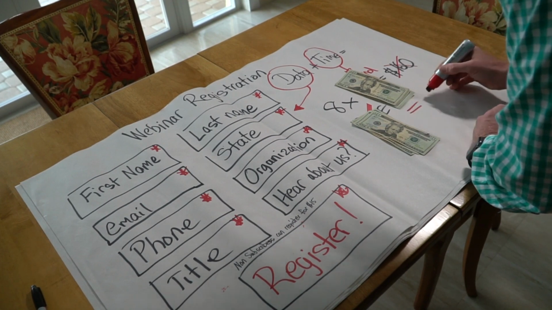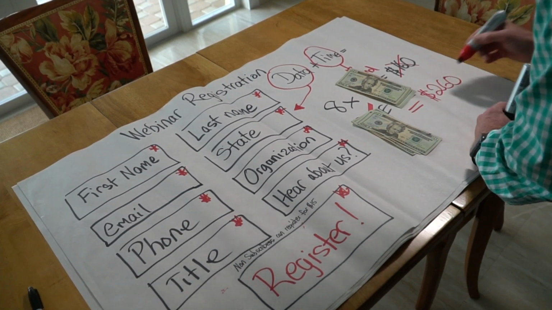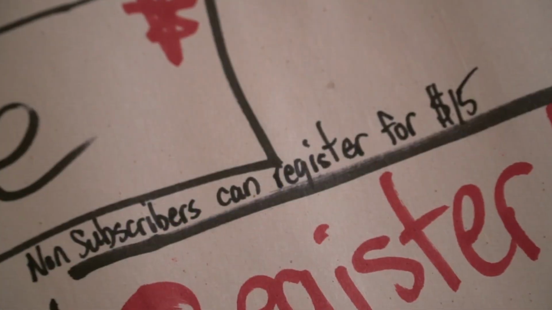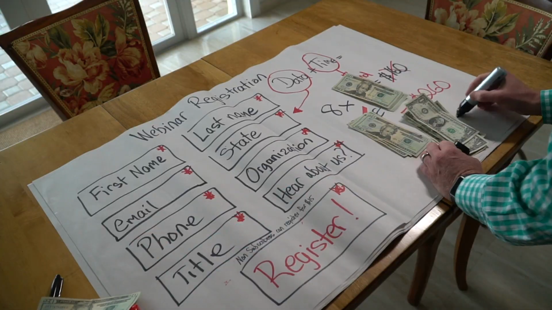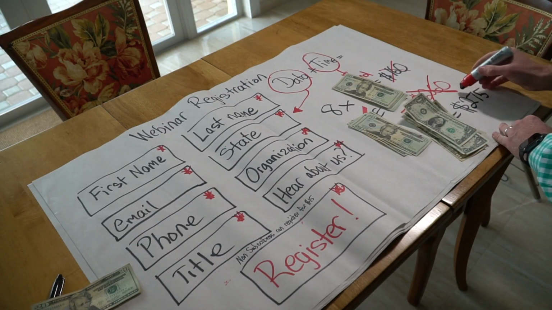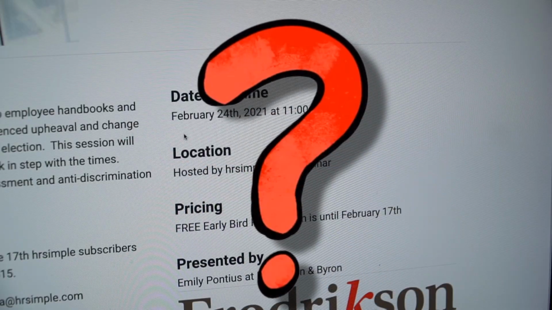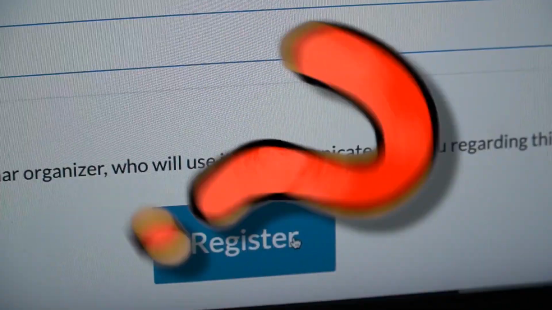So the webinar is now a $260 transaction. Oh wait, did you read that fine print? I didn't. It says right there the webinar is $15 cash for non-members. Crap! Now this is a $275 transaction. Let me ask you, does this look like a sales page for a $275 product or service?